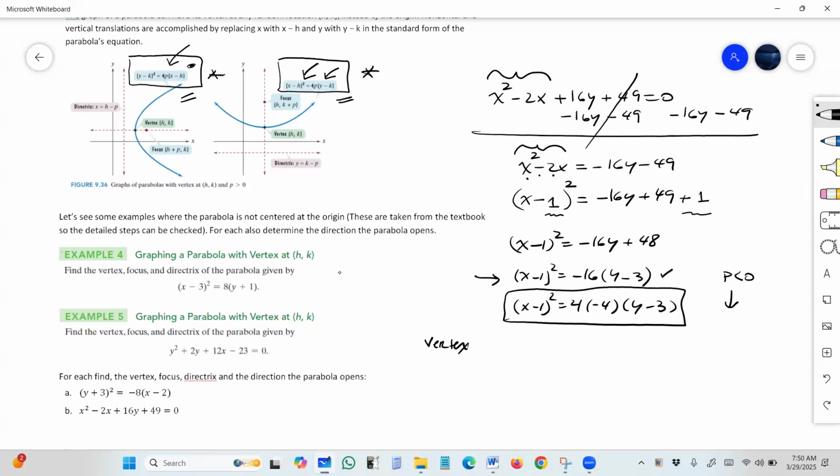Maybe I can squeeze it in here. The vertex would be, again, an x, y coordinate: the opposite value of the -1, which is 1, and the opposite value of -3, which is 3. So my vertex is 1, 3. Okay, so I'm going to erase this.